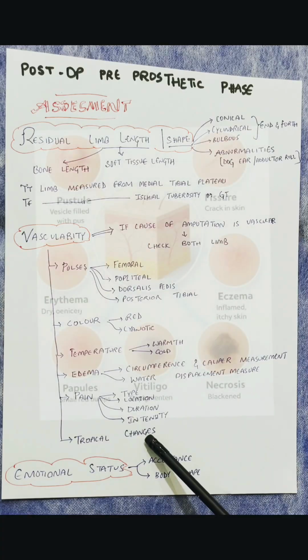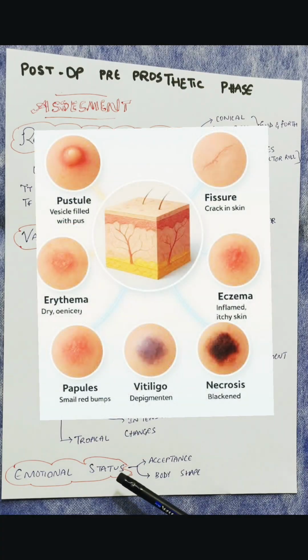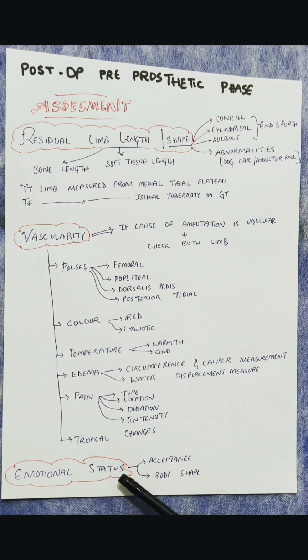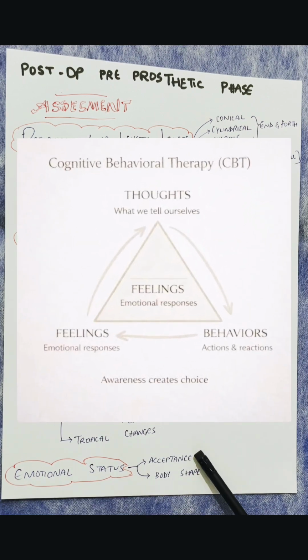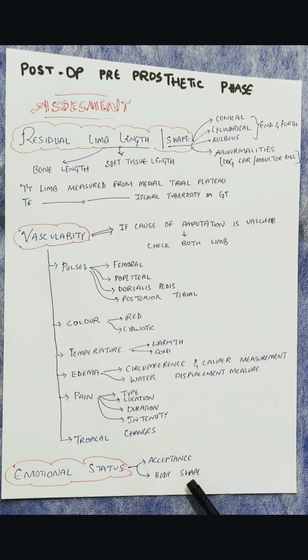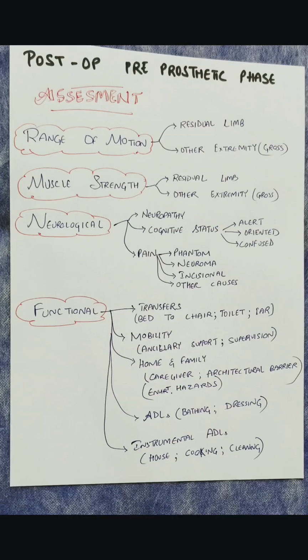We check their trophic changes, and especially we have to assess their emotional status, whether they are accepting the condition they are in, how their body shape is, whether they've lost a lot of kgs or whether they have gained a few kilos, and are they okay with the status of their present scenario. We have to check all that.